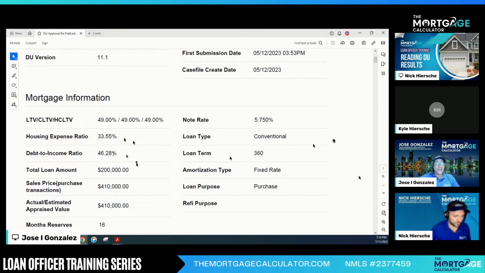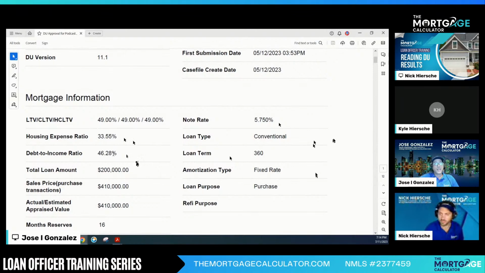If you're not at a 700 or above credit score, you're probably not going to get an approved eligible above 45 or maybe 45 and change, but you're definitely not going to get a 48 or 49% DTI with a 670 or 680 credit score, most likely, if you're at the maximum LTV for the program, whether it's a cash out, rate and term, or a purchase. So very important note to consider there.